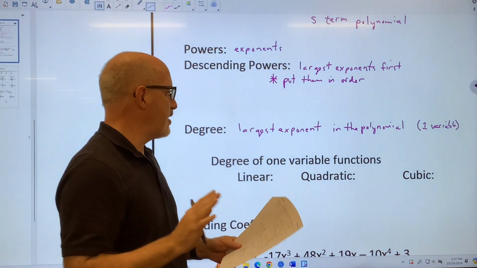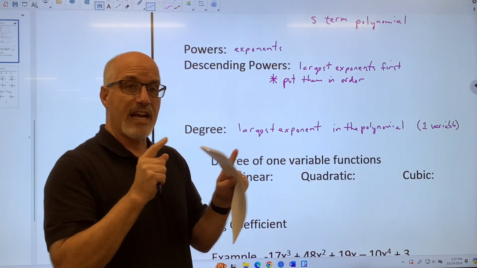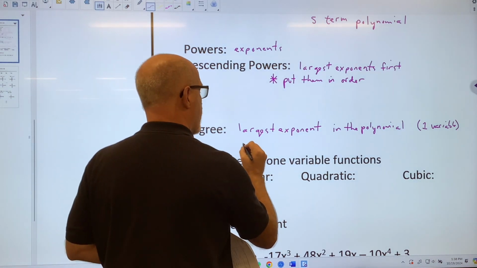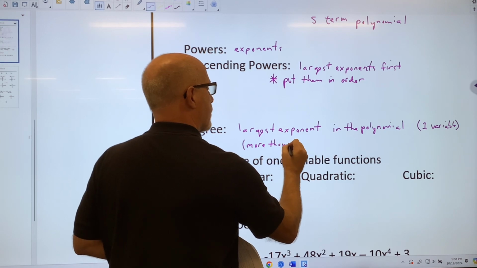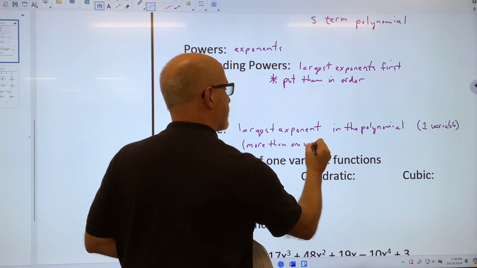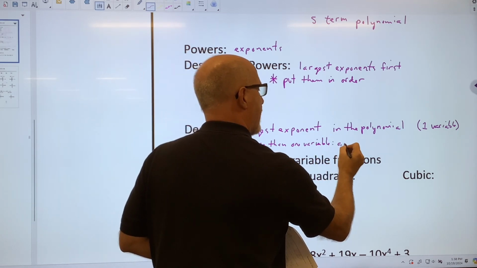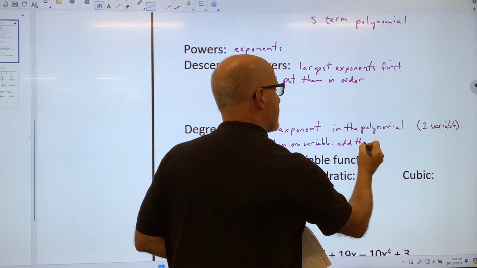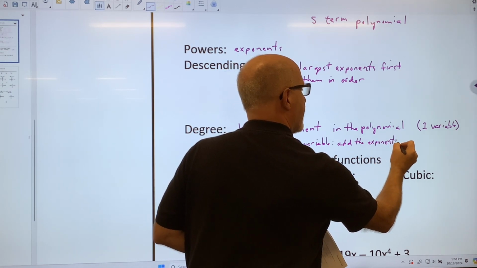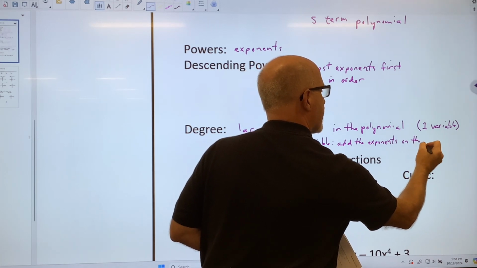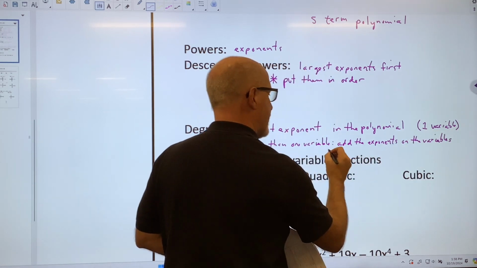Now, just as a side note, if you have more than one variable, you add the exponents on the variables in each term.